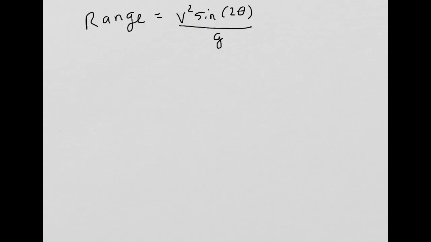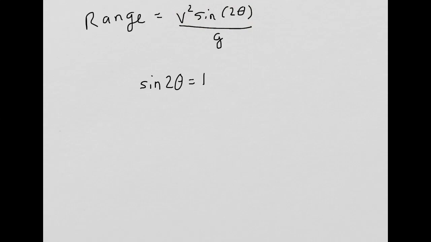So you might know from math that the sine graph alternates between 1 and negative 1. Okay, so the largest value that sine of 2 theta can take on is 1, which will also correspond to when I have the largest range. So when is sine of 2 theta equal to 1?